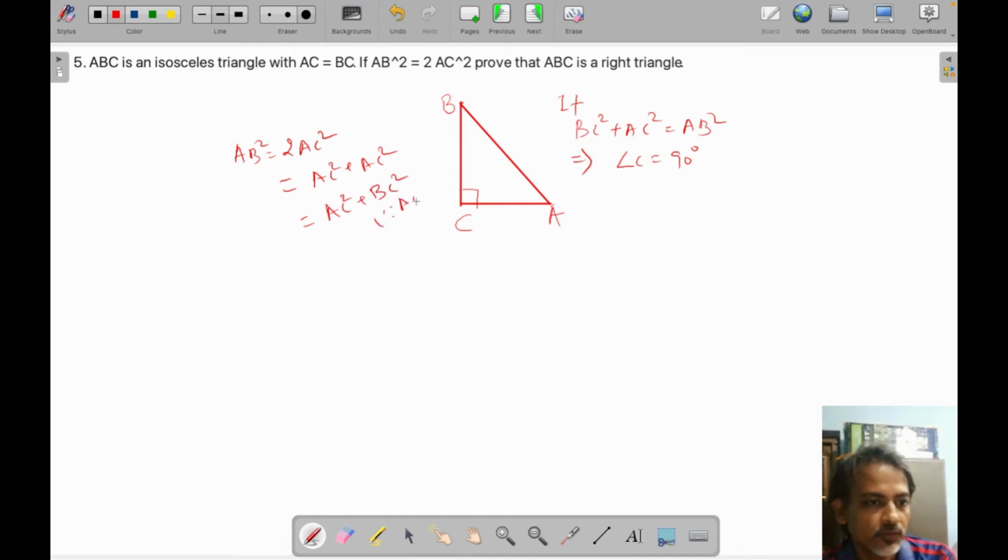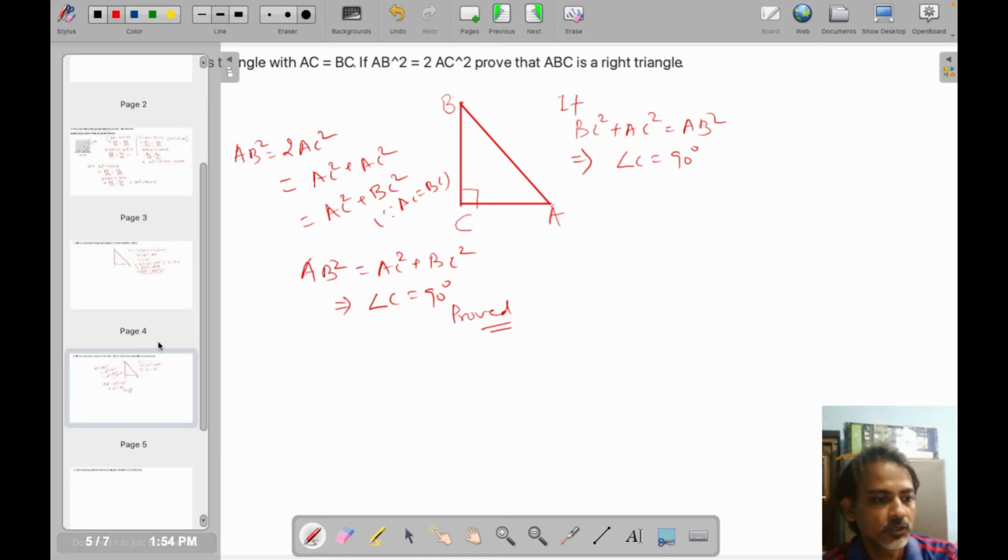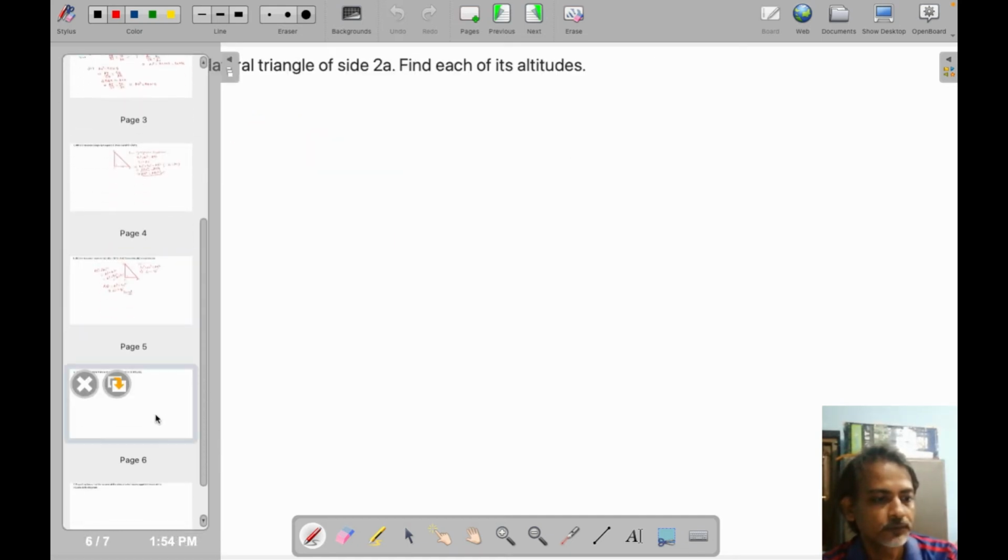So now what we have got is AB square equals AC square plus BC square. This implies that angle C is 90 degree. Alright, this is also a simple proof. This is a converse of Pythagoras theorem. Now we can go to the next problem.